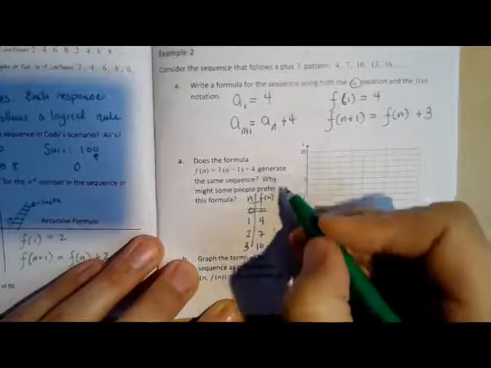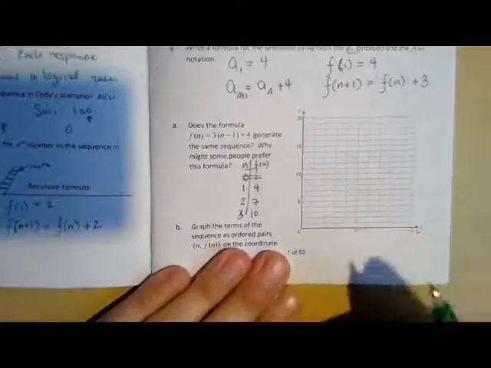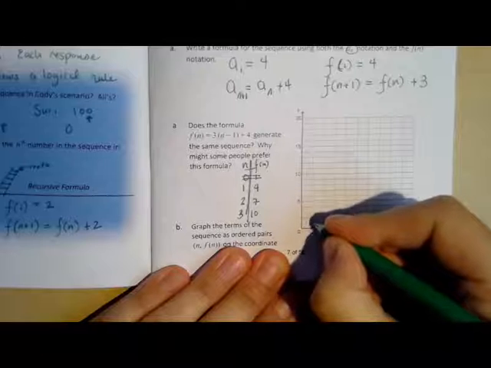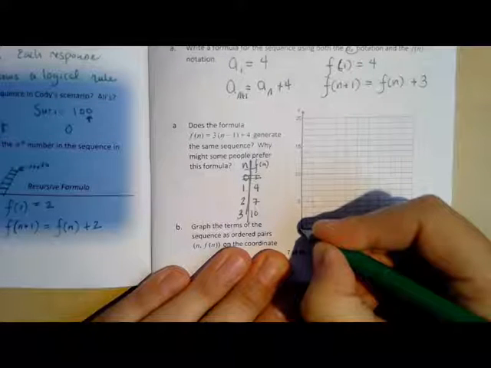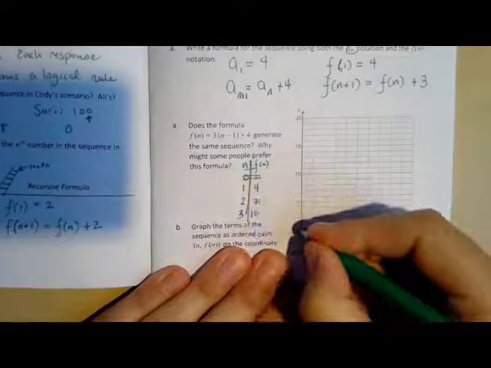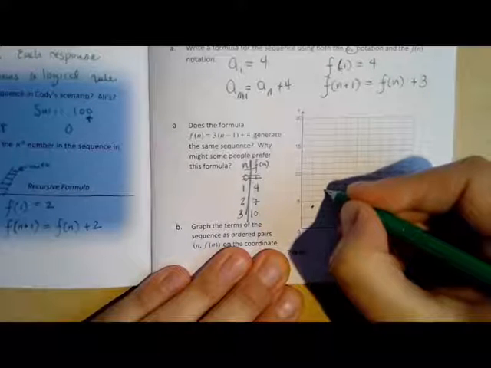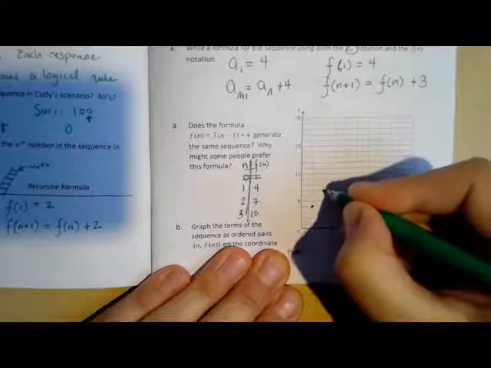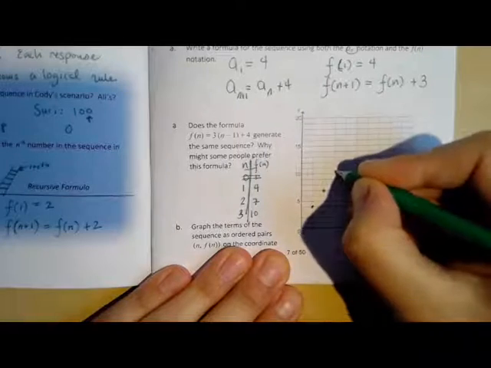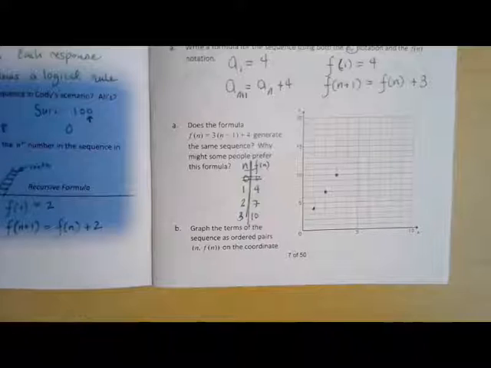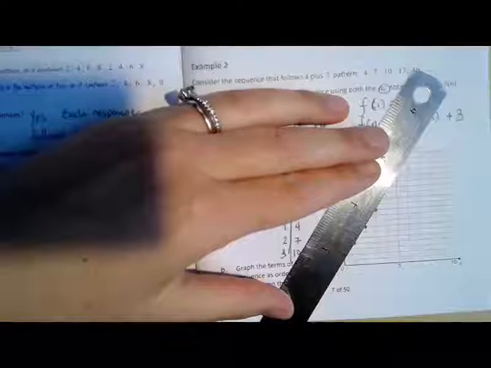Notice as I do that, and then I graph it, so 1 comma 4, and then 2 comma 7 would be right here, and then 3 comma 10 right here. Using my handy dandy ruler, I can draw a line.